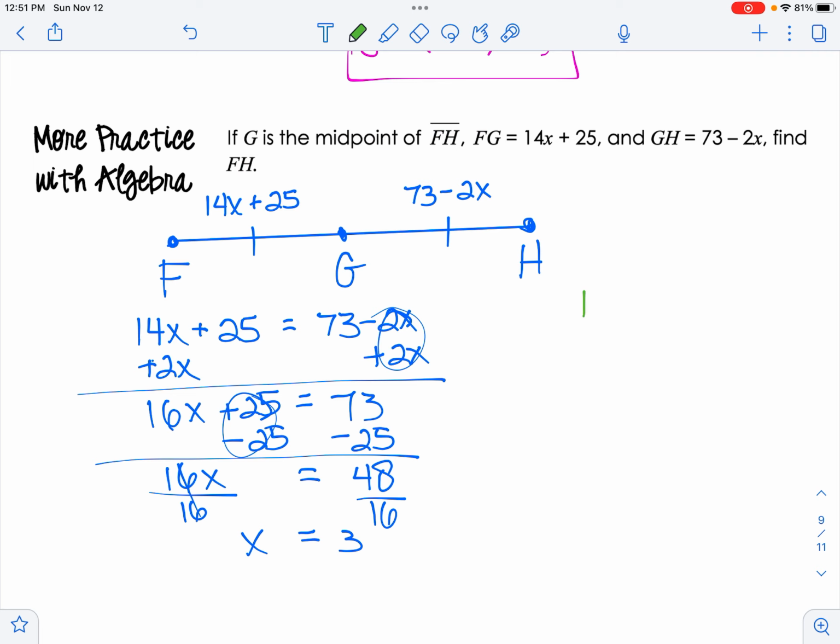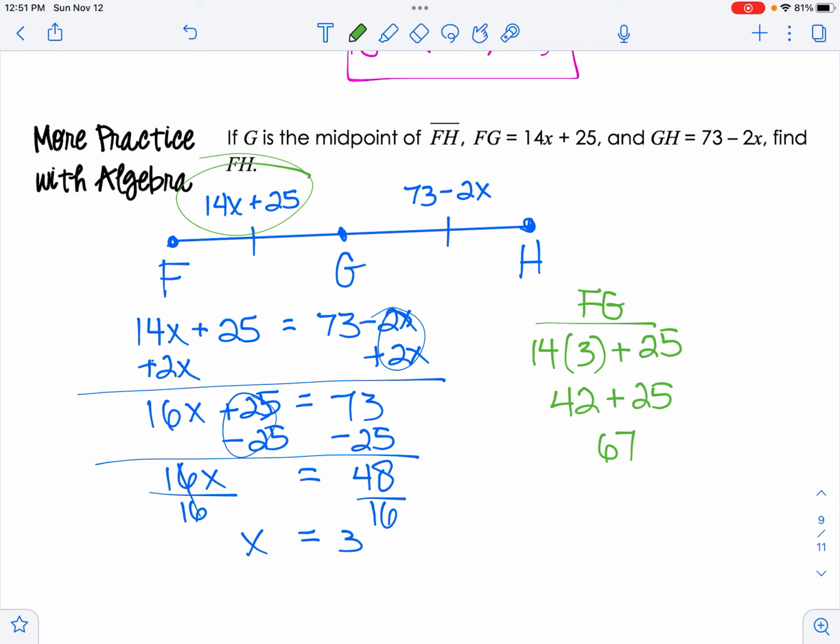So I know that FG is equal to 14x plus 25, right? So I'm going to put in 3 for x. Okay, so we're going to go 14 times 3, which is 42 plus 25. So that gives me 67.